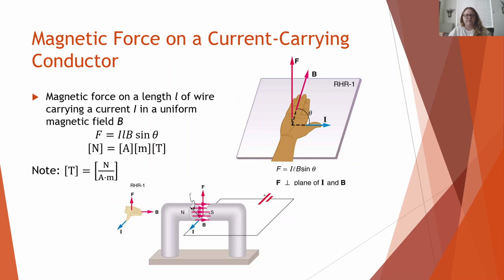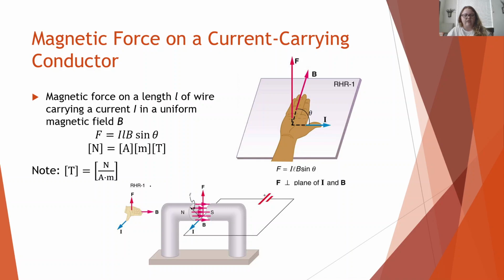We have current going in this direction along this wire, and a magnetic field going from this north and south magnet, with some length L, which is the length of the wire here, and then a force here.